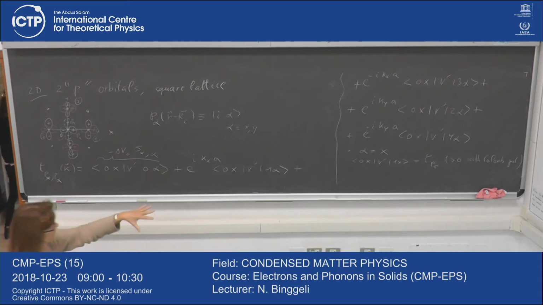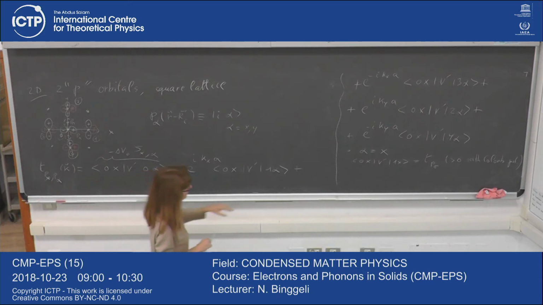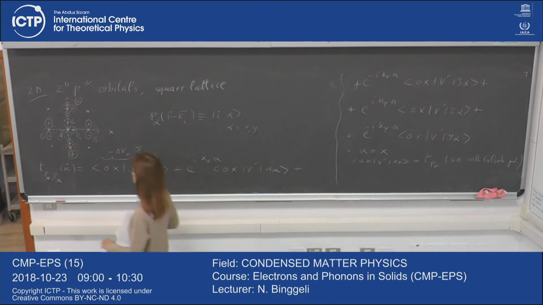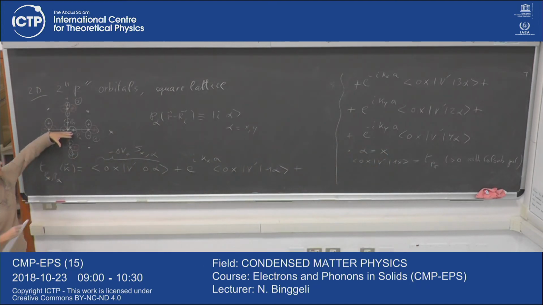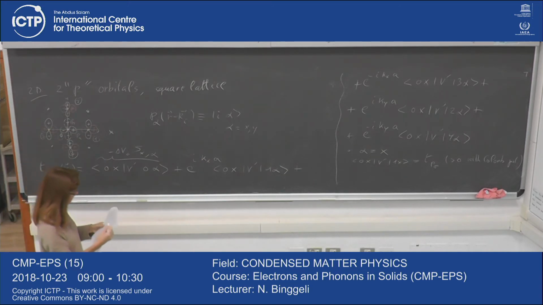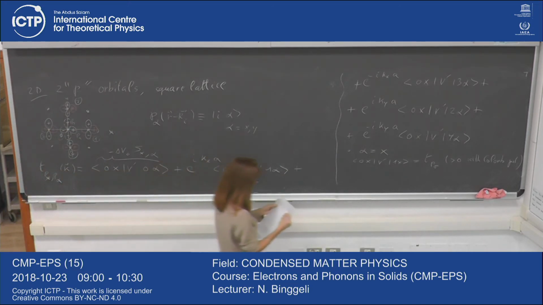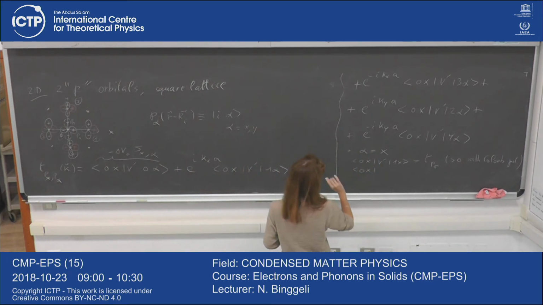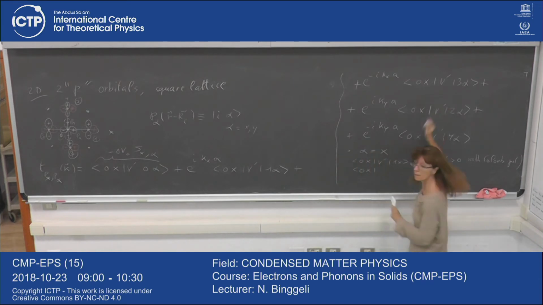So this is what I expect for this matrix element, and I call sigma what are bonds that point towards each other. Now this other matrix element that I have here, yes?